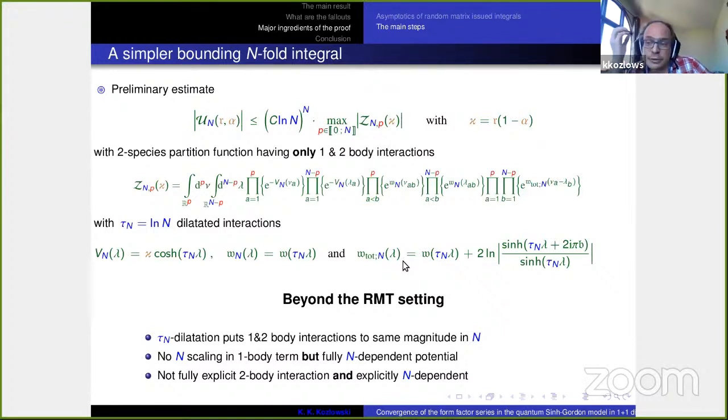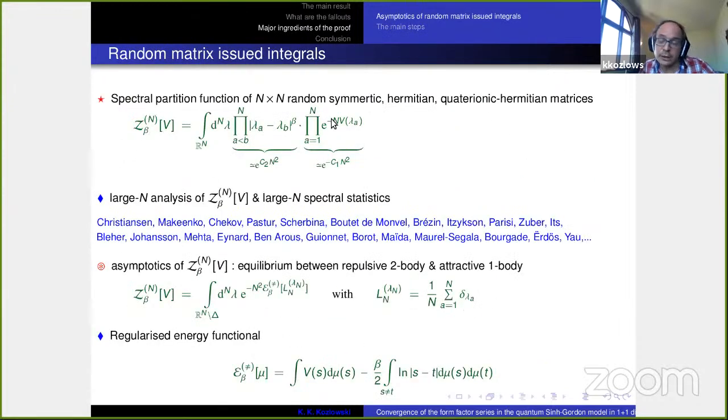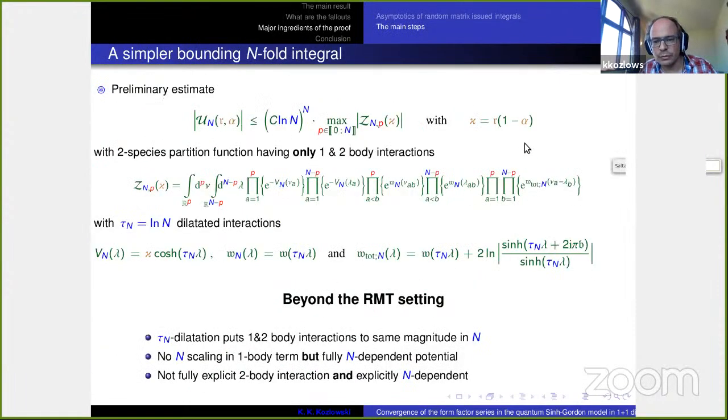Now, the main difference with random matrices is that in the random matrix case, you have a scaling with n, because basically you want to put the potential at the same order of confining as the deconfinement produced by the two-body interaction. Here you don't have this anymore. So you have to rescale variables to go to the right scale. But when you rescale, you have some n dependence everywhere in your integral.